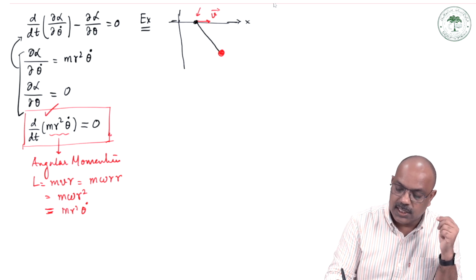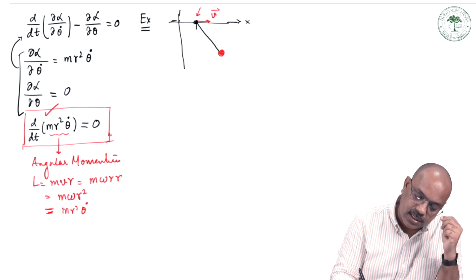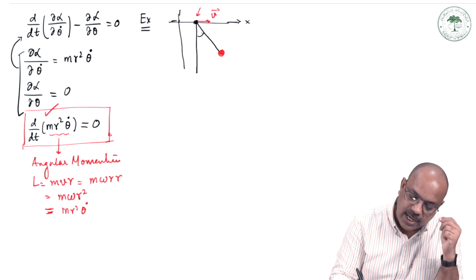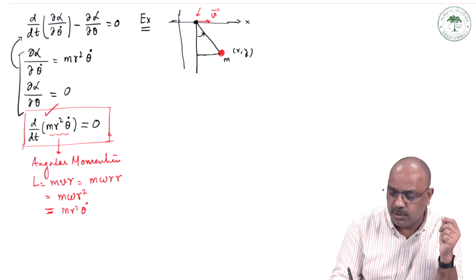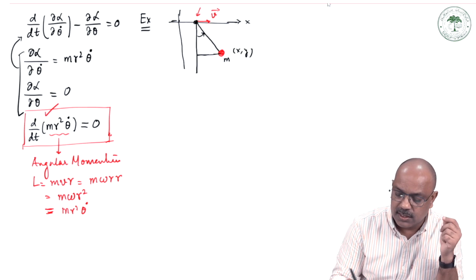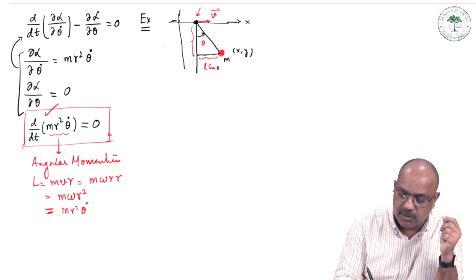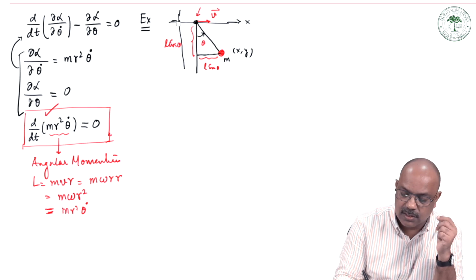So what I'm going to get is this simple pendulum, and we have this mass, and then I have the x and y coordinates. So this is my L sin theta, because this is my theta, and this is my L cos theta. Okay, we already figured it out.